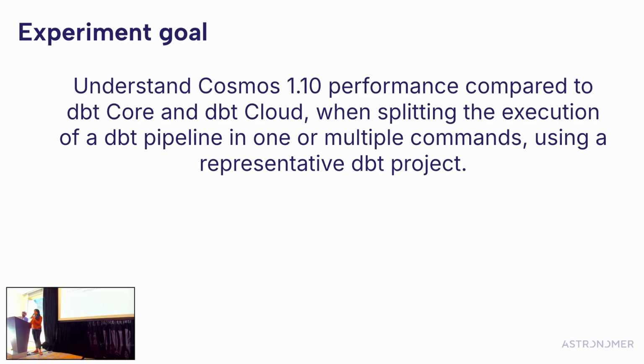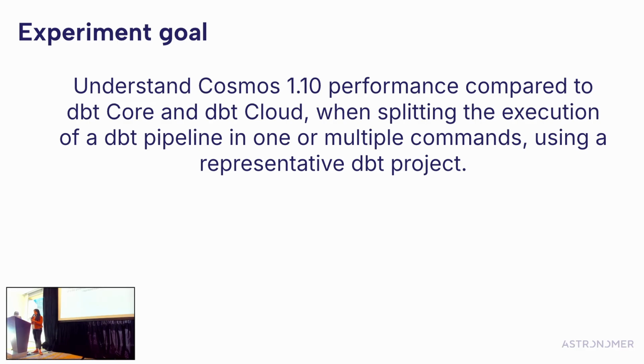So the actual implementation. Our experiment goal was, we want to understand how Cosmos 1.10, this tool that goes from a dbt pipeline into an Airflow DAG, performs compared to running the dbt CLI by itself, or if you were paying for a private service called dbt Cloud to run these SQL pipelines.